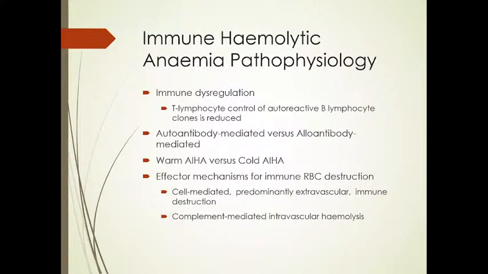The other type of hemolytic disease of the newborn, which is more common but less severe, is the ABO incompatibility. It's usually with a mom who's blood group O, who doesn't have A or B antigens on her red cells in terms of ABO, but has a baby that is blood group A or blood group B. So this can occur with the first pregnancy.